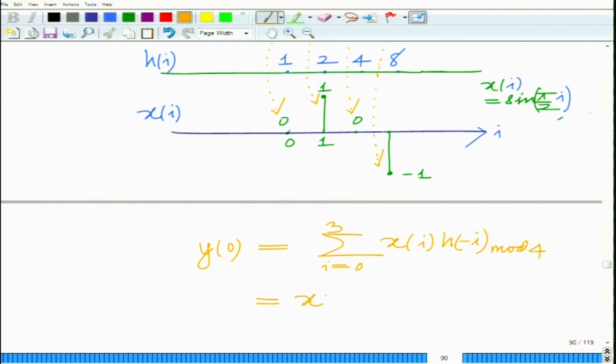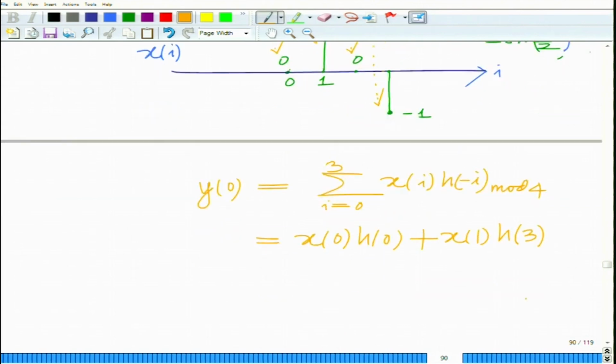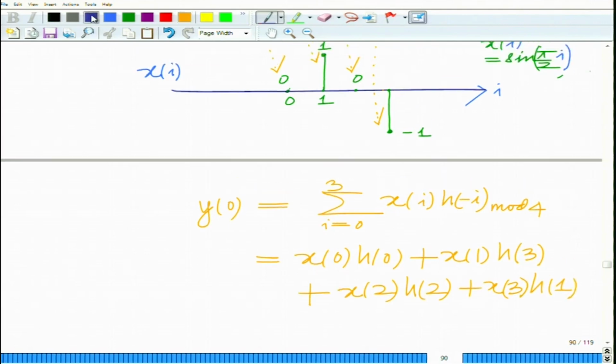That will be x of 0 into h of 0, plus x of 1 into h of minus 1, but h of minus 1 modulo 4 is nothing but h of 3, plus x of 2 into h of minus 2, which is modulo 4, which is h of 2, plus x of 3 into h of minus 3, which is h of 1. Okay.